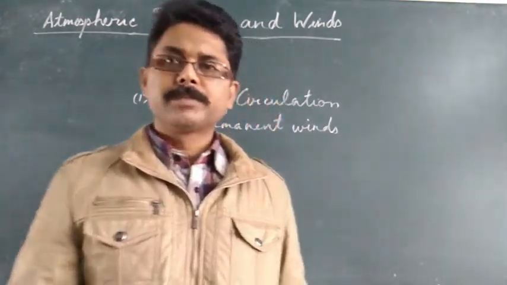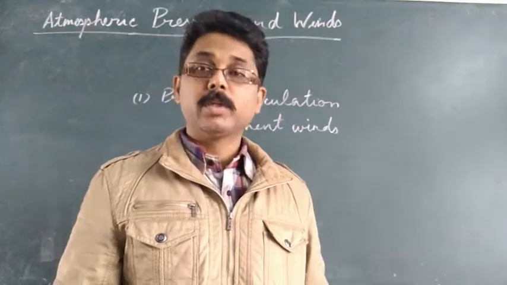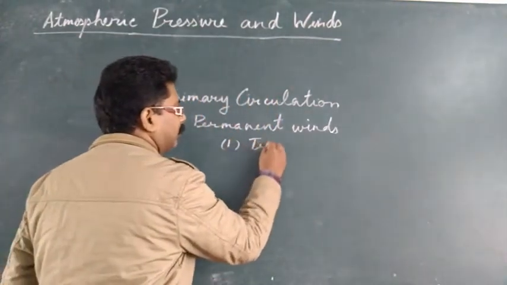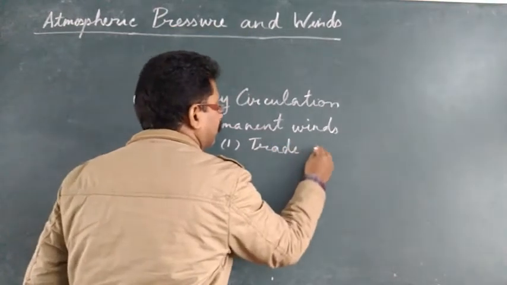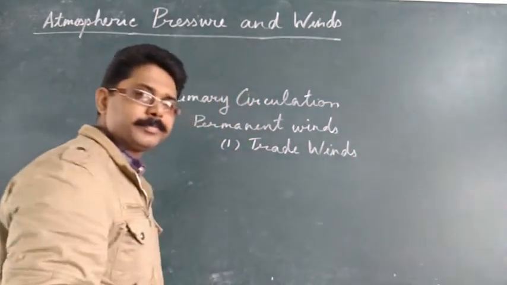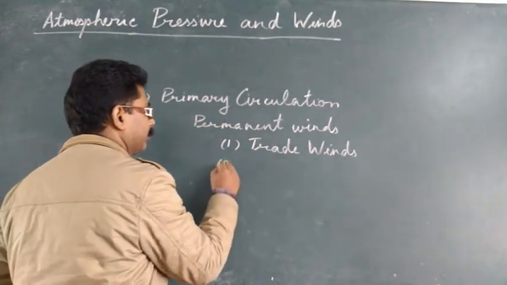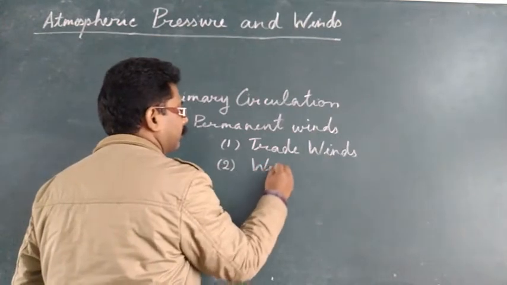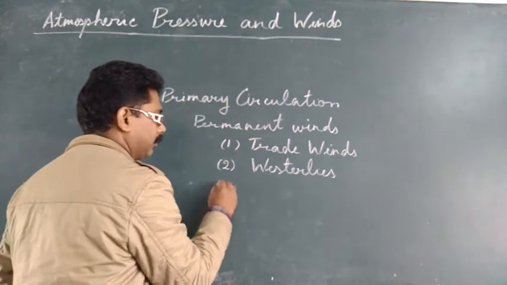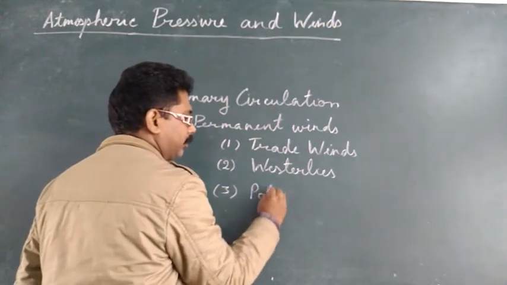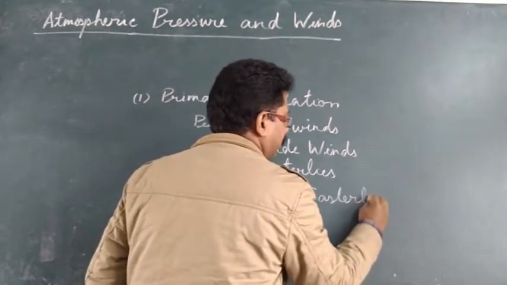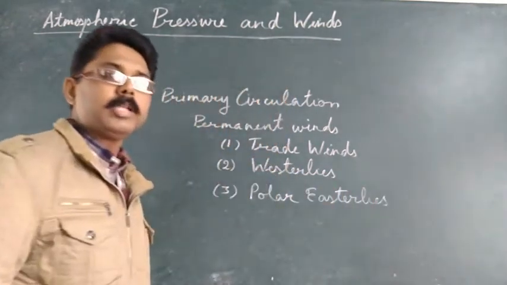There are three permanent winds. What are they? They are the trade winds, westerlies, and polar easterlies.